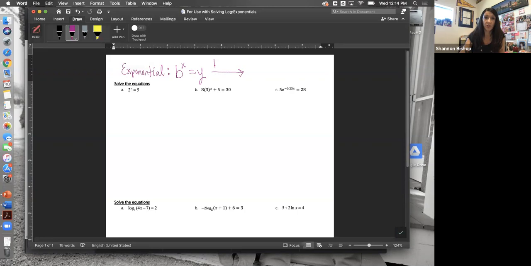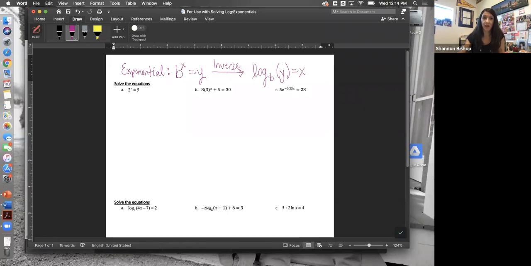So if you wanted to reverse the relationship of the interplay here between bases, powers, and results, a logarithm will do that. So it's log, short for logarithm, base b of some result is the exponent.